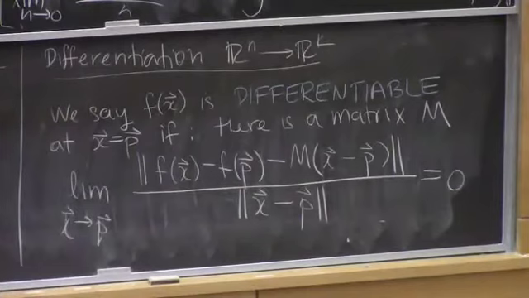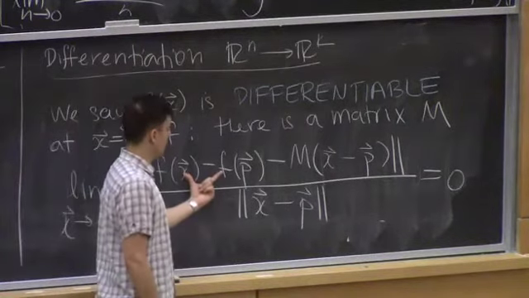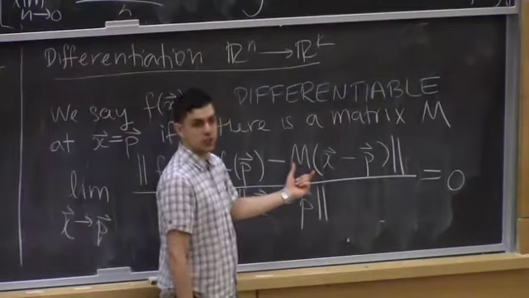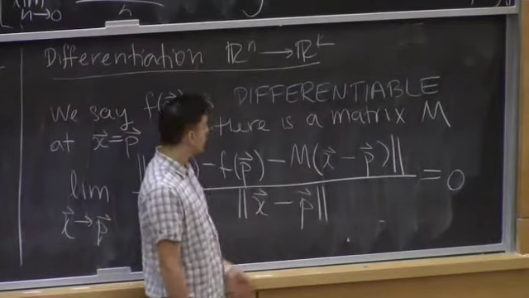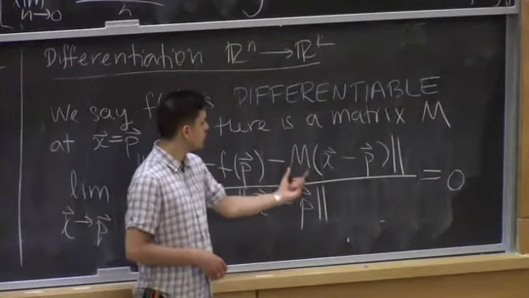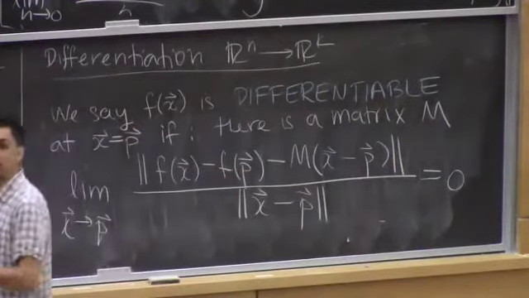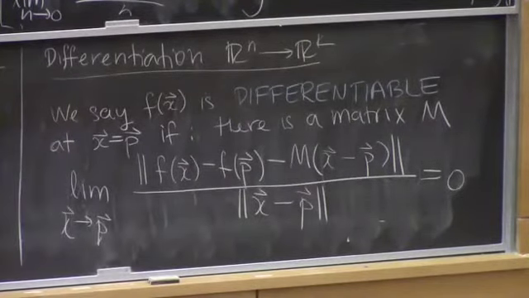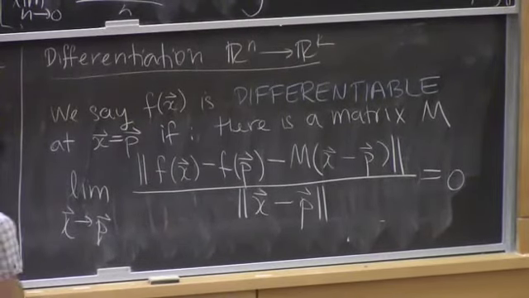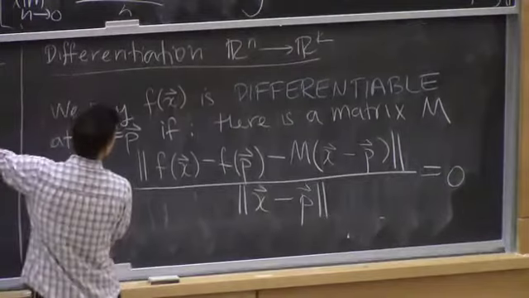Okay, if there's a matrix such that the change in our function in any direction is very close to the change induced by some matrix. Okay, so if when we apply our function, it's very, very close to what would happen if we applied a matrix, that's our definition of differentiable. So let's try this out. Let's check that this applies to something.